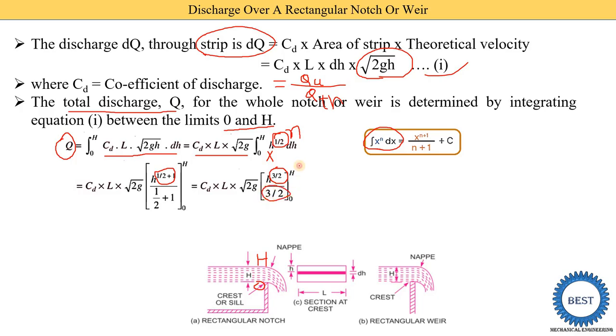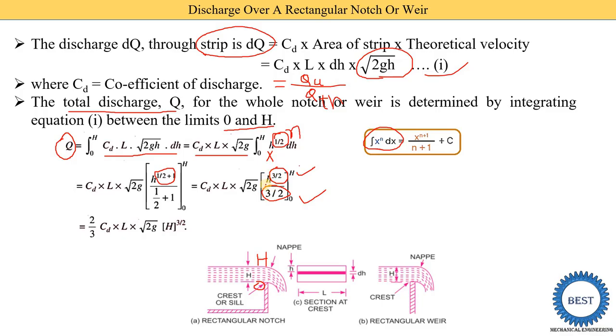Now we apply the boundary condition, the capital H and 0: instead of the small h we replace with the capital H, minus the same with 0. First we replace with the capital H. So Cd into L into under root of 2g is as it is. The 3 by 2 in the denominator is brought up, so it is written as 2 by 3.